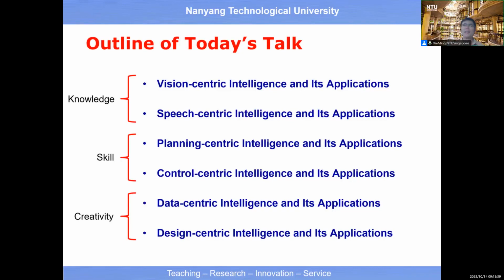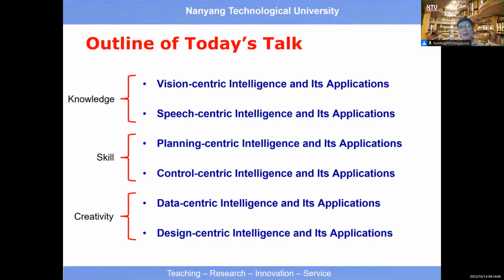And if you look at the human being, I believe in the last lecture I already mentioned, right? So actually we are like a fish. We are living inside the ocean of a signal channel. If we do a comparison between signal and the water, actually for human beings, we are living inside an ocean of signal.